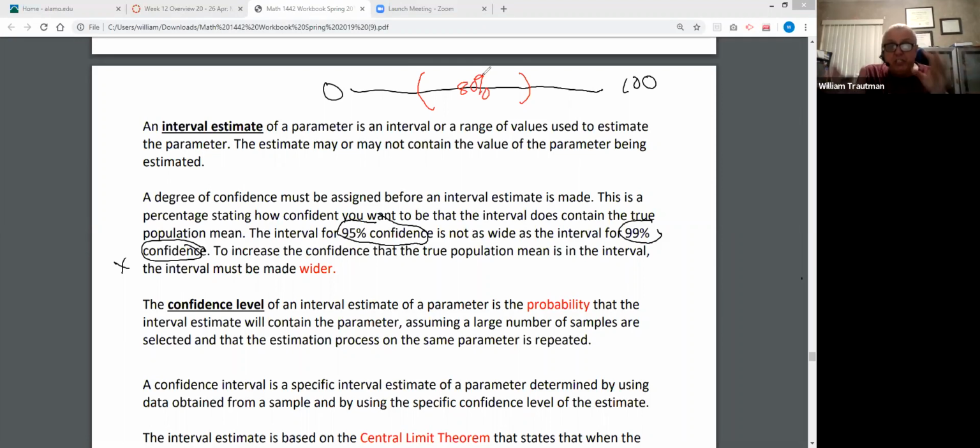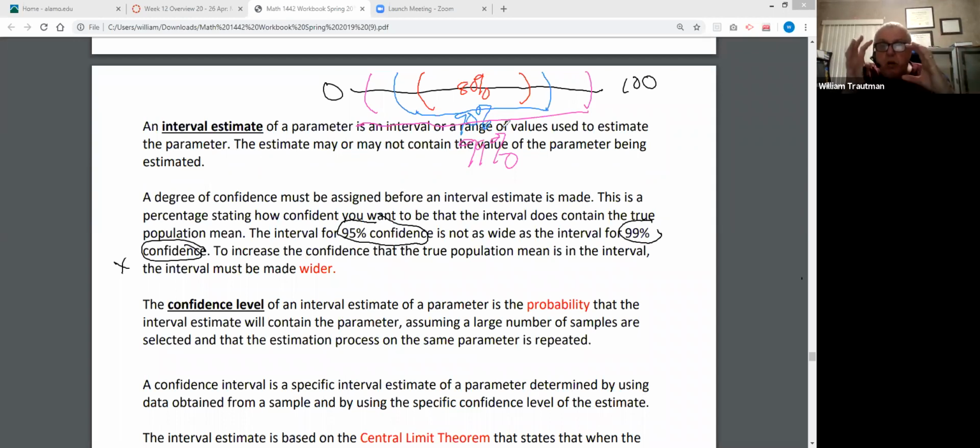I don't know what that range is, but it's that range. If I say I want to be more confident, I can say I'm 90% confident for the blue because I've widened it out. And then if I want to widen it out some more, I could say from here to here, I'm 99% confident your grade will fall into one of these categories.